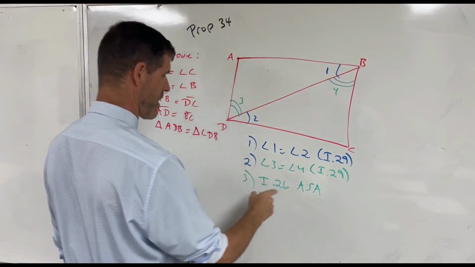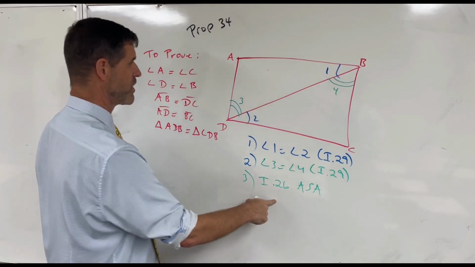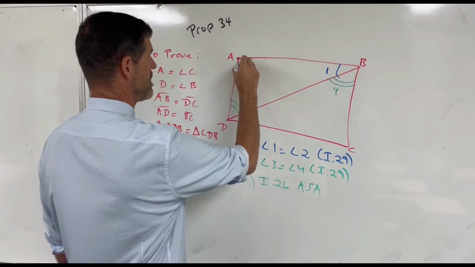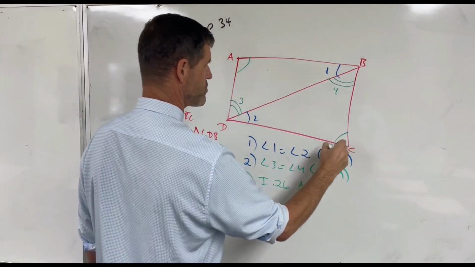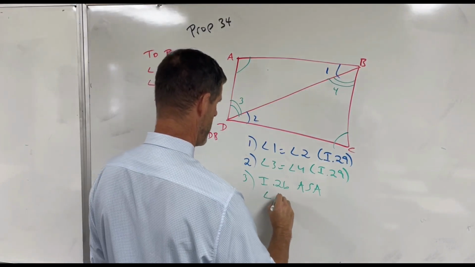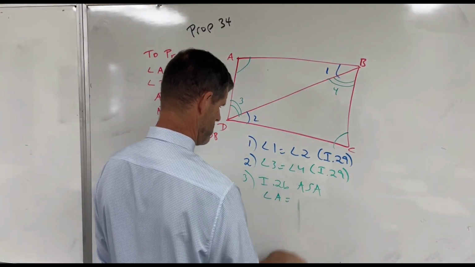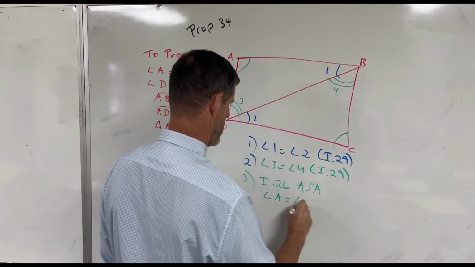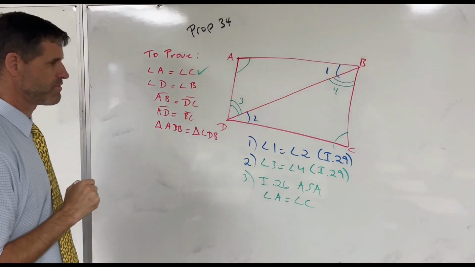So now I'm just going to write it under step 3 because it all follows from proposition 26. We can say that this whole angle here, which remains in these two triangles, is equal to this whole angle here, angle C. So angle A equals angle C, which was our to prove up there.